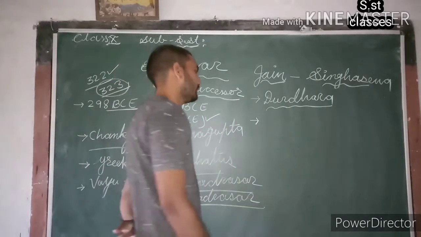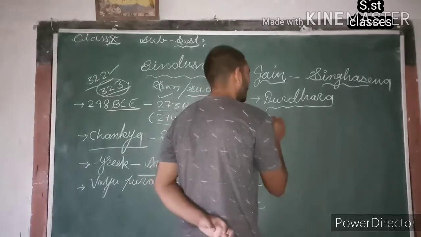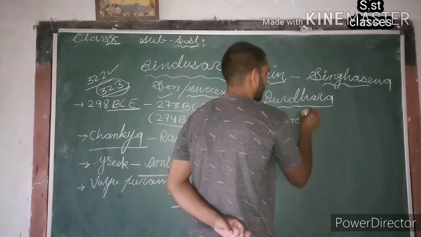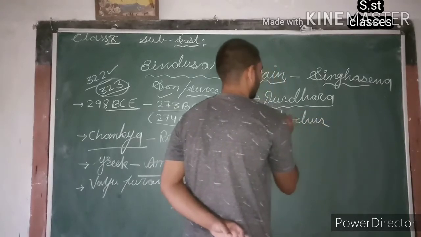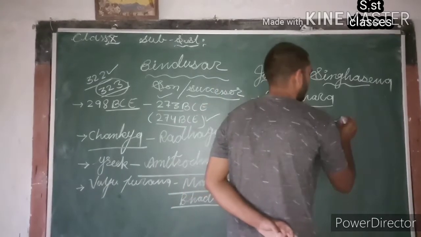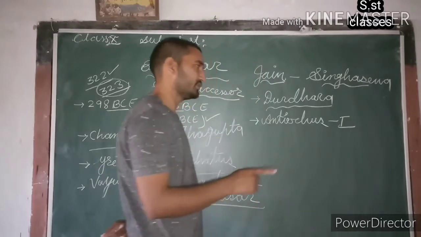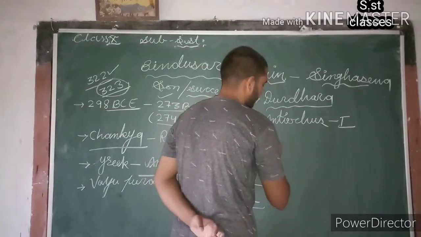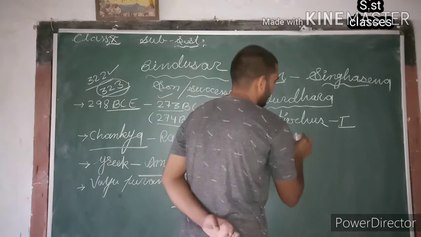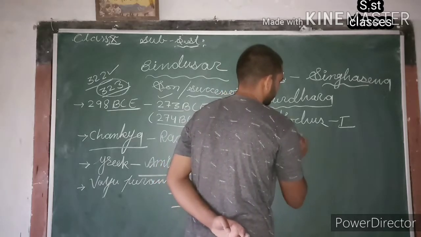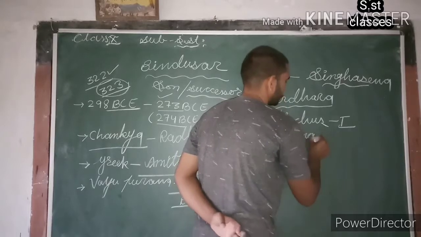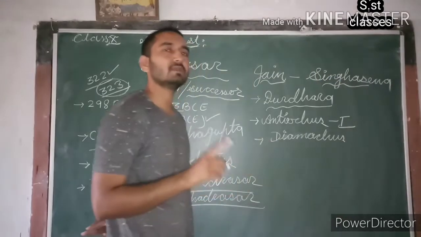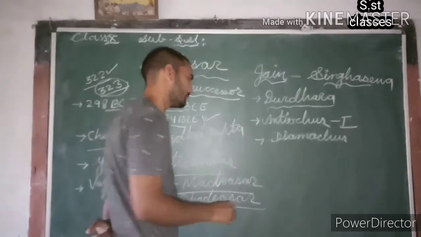After that, the next point is that in the court of Bindusar, many foreign rulers sent their ambassadors. First of all, the Greek ruler Antiochus I appointed Diametus as his ambassador in the court of Bindusar.